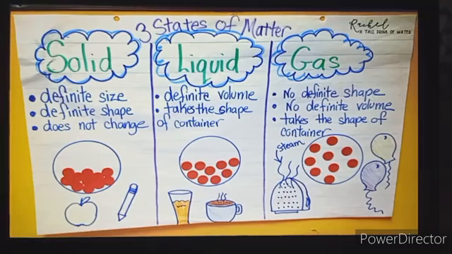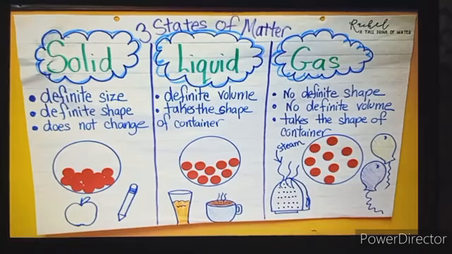Why does it have a fixed shape and a fixed volume? Because in solids, the molecules are found very close to each other. Therefore, they cannot move closer or away from each other. So, due to strong cohesion, that is intermolecular force of attraction, the solids have definite shape and definite volume.